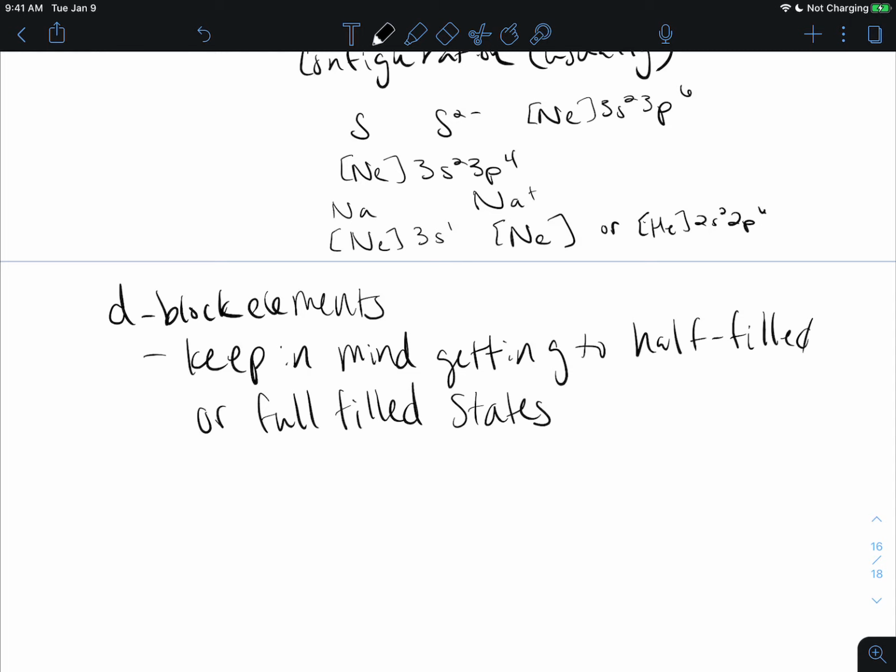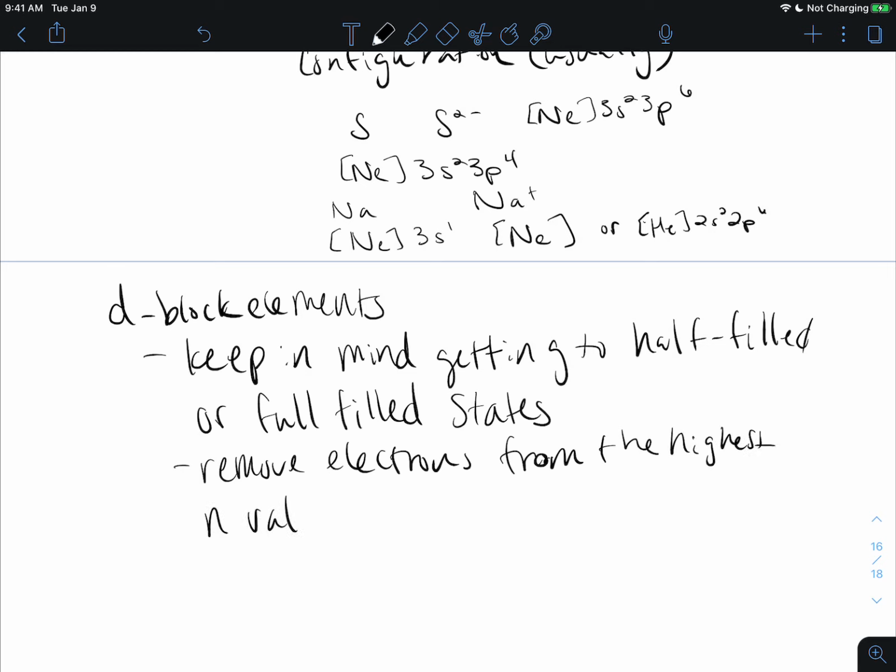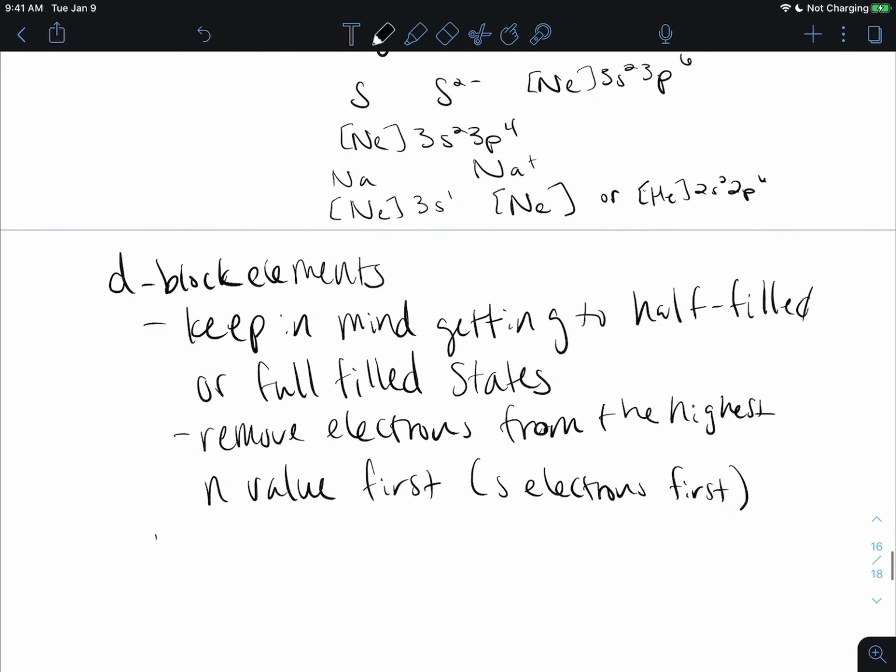Now, when you're removing electrons from your D block elements, you're going to remove electrons from the highest n value first. So this is going to mean those S electrons first. Again, keeping in mind half-filled and full-filled states. With your F block elements, same idea.